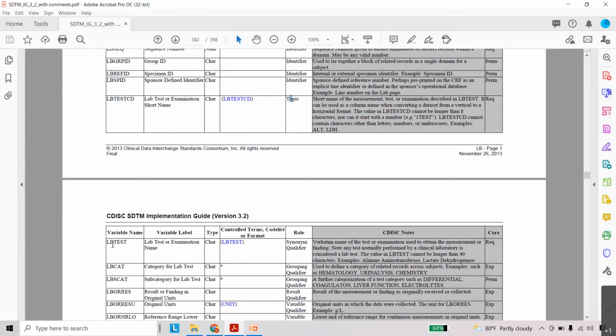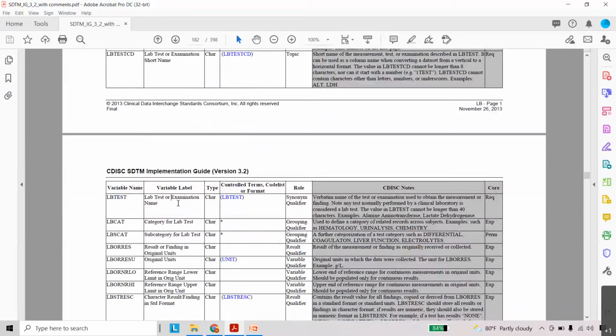Before going to that, we will see what the LB test is: the laboratory test or examination name. When we go to the diagnosis center for analysis, we usually give a sample. We might give the sample for different purposes, for example to check the protein, the sodium level, the chloride level, the calcium level, or the glucose level. All of these are called tests.